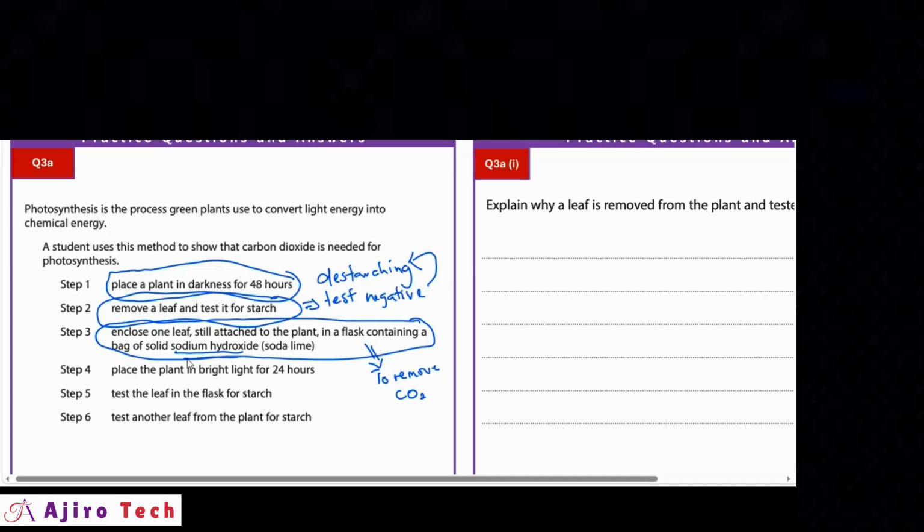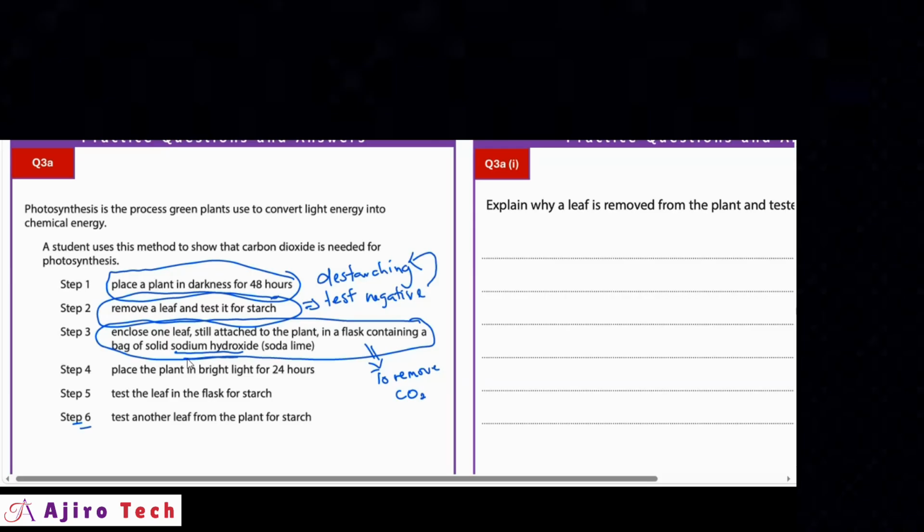A control experiment to check whether this leaf has truly photosynthesized or the absence of carbon dioxide has cut off photosynthesis. So the other leaf from the same plant tells us whether the carbon dioxide that we cut off is having an effect on the rate of photosynthesis. So that is the reason why we test another leaf.